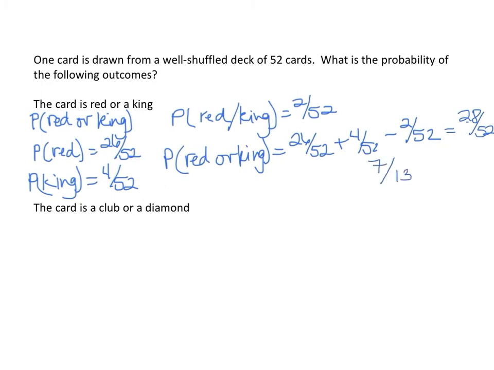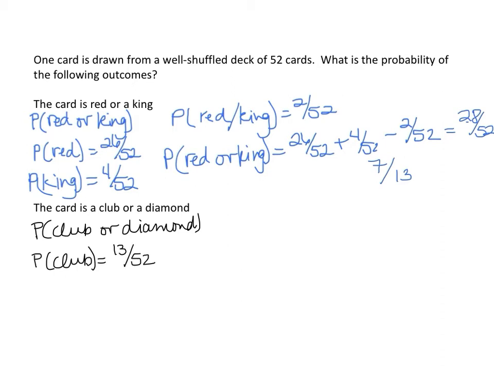The next one: what's the probability that the card is a club or a diamond? The probability of a club, there are 13 of those. The probability of a diamond, again, there are 13.